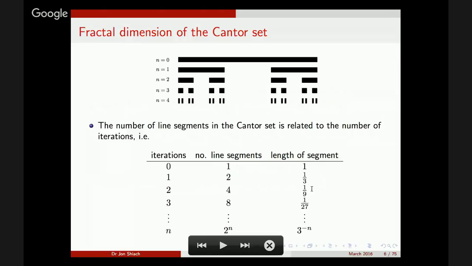And we keep going. There's a pattern to the number of lines we have and the lengths of those lines. At iteration 3, we end up with 8 lines, each having a length of 1/27. If we follow that pattern on, at the nth iteration, we end up with 2 to the power n lines, and each will have length 3 to the power minus n.